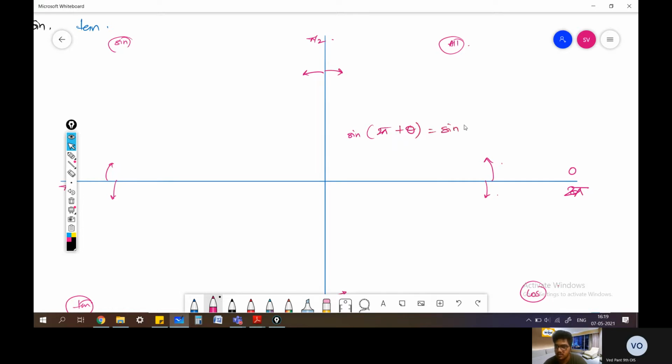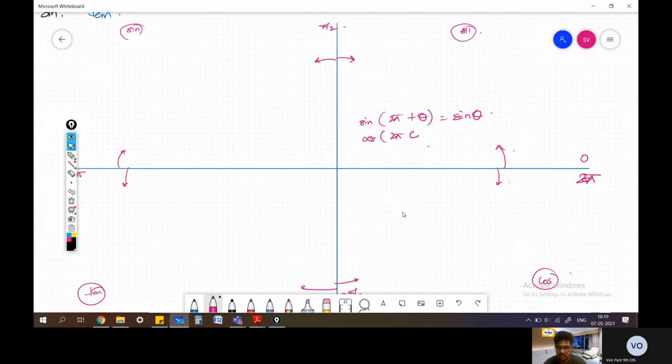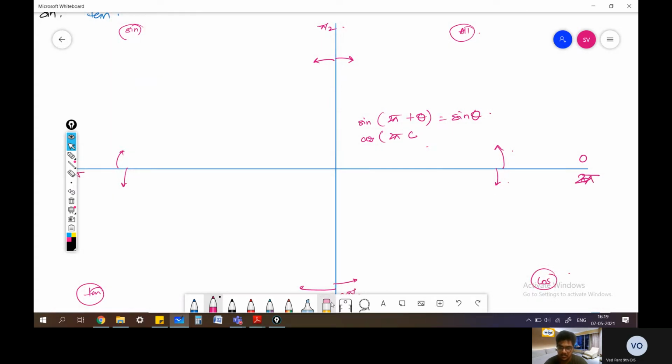Similarly, cos of 2 pi plus theta equals cos theta, and similarly tan of 2 pi plus theta equals tan theta.